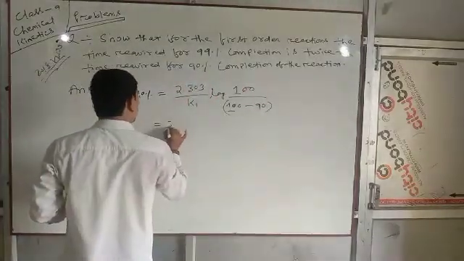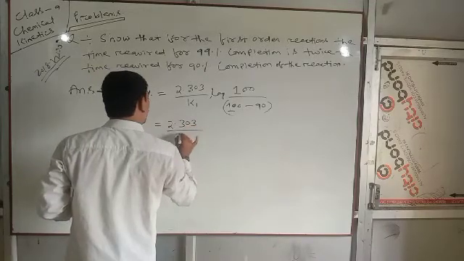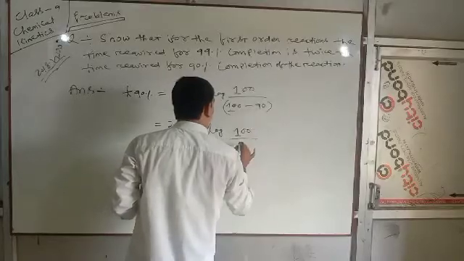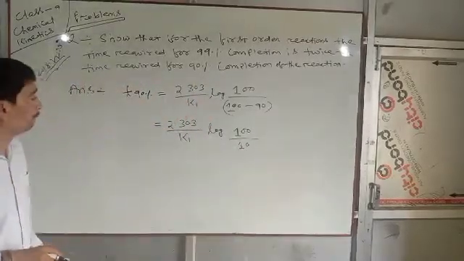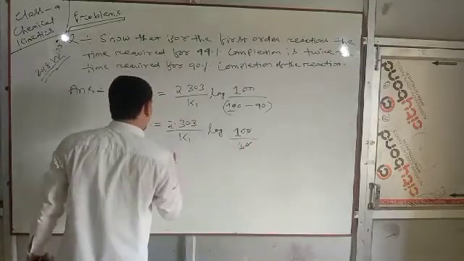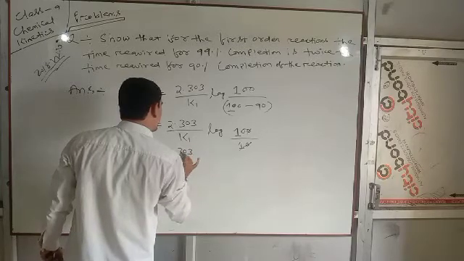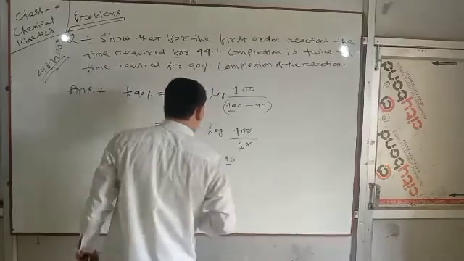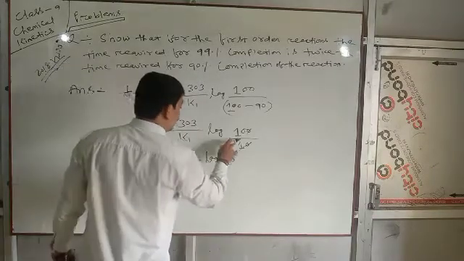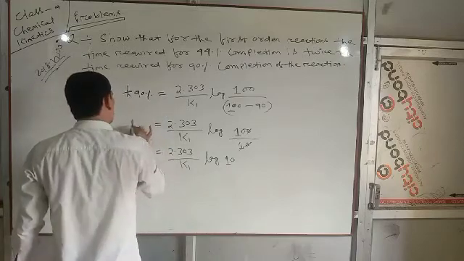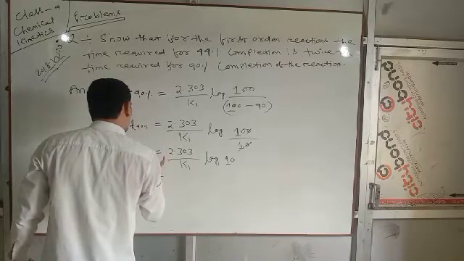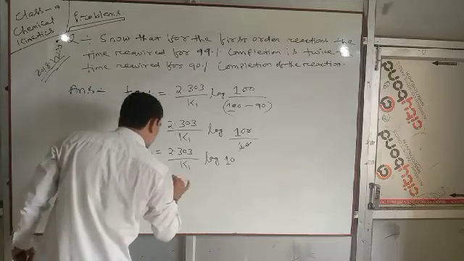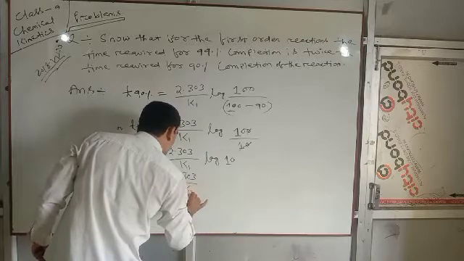So this equals 2.303 by k1 log 100 by 10, that is log 10. Log 10 is 1, so t 90% equals 2.303 by k1.